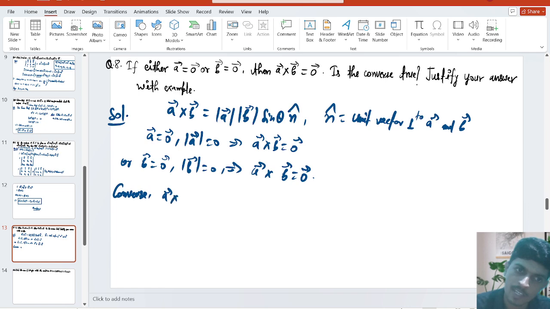If vector A cross vector B equals 0, then we say that either vector A is 0 or vector B is 0.